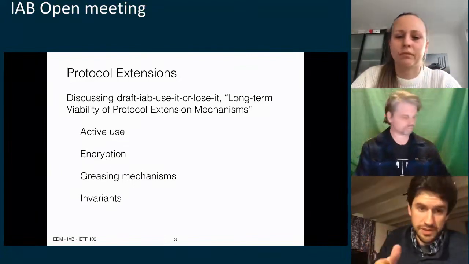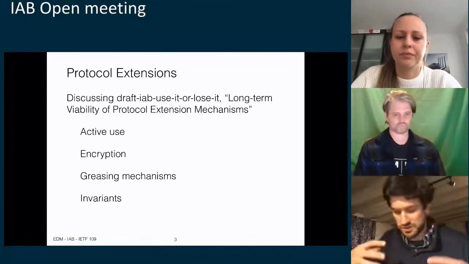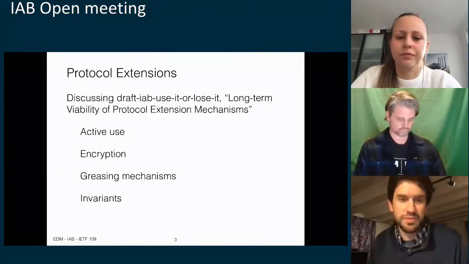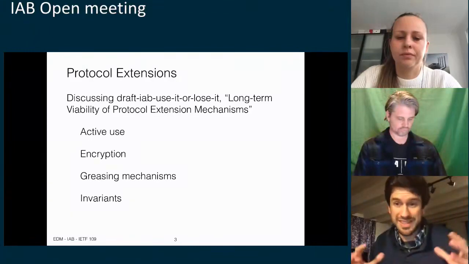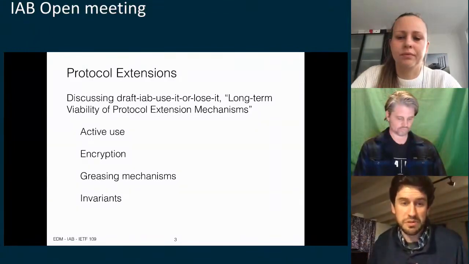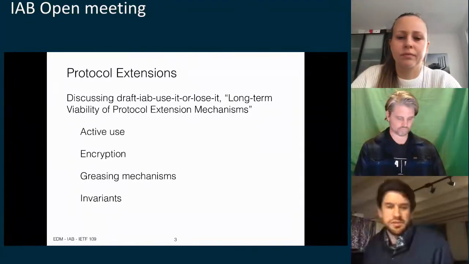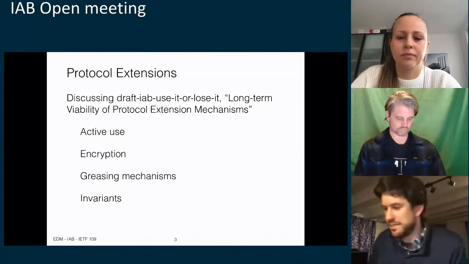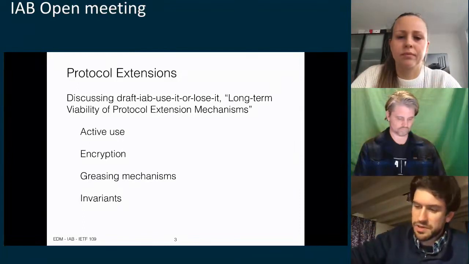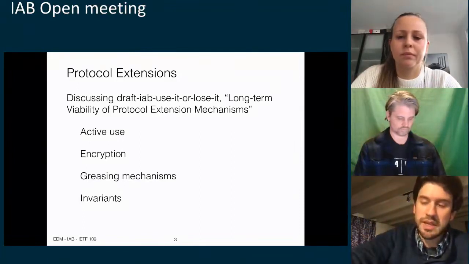The main things it focuses on are active use, which is, you just want to use the protocol extension mechanisms that you have. That's the best way to ensure that you will be able to use them going forward. It talks about how you can encrypt that to make sure that fewer people can ossify. It discusses greasing mechanisms, and also talks about invariance. So this is going to be one of the main topics we have for our December meeting.